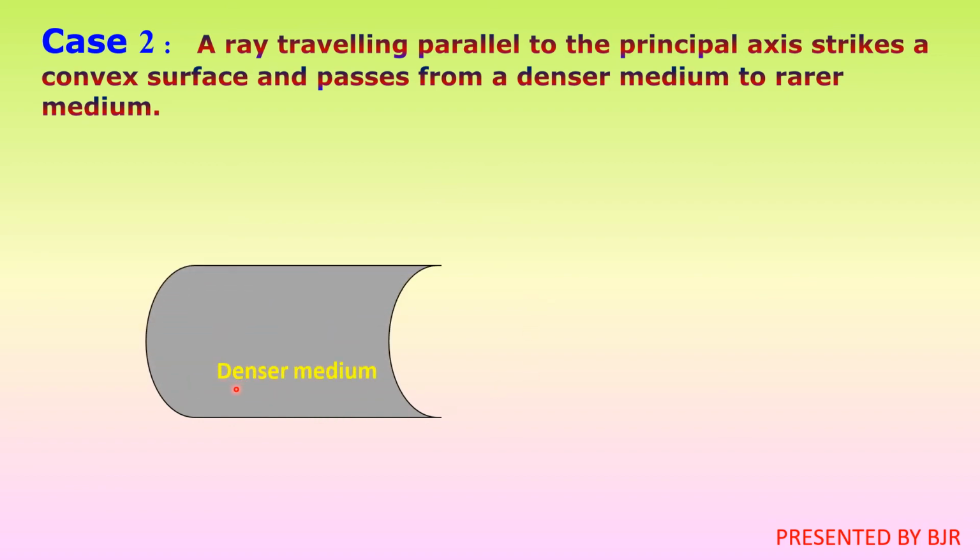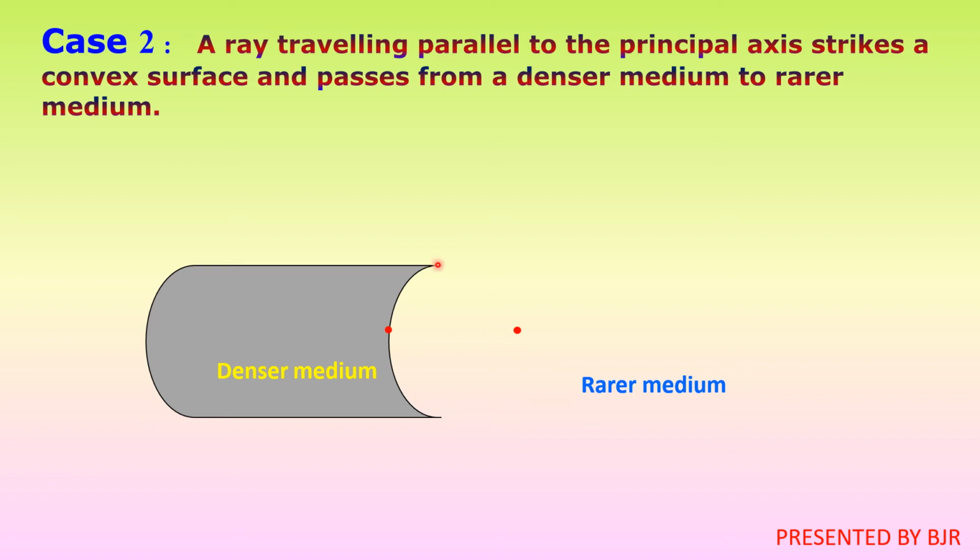this is the denser medium. Here, a ray traveling parallel to the principal axis strikes a convex surface. That means a ray will pass like this. You can see that later. First locate P and C, and this one is the rarer medium, this one is the denser medium. Okay, here is the curved surface. You may ask, is it convex surface or concave surface?